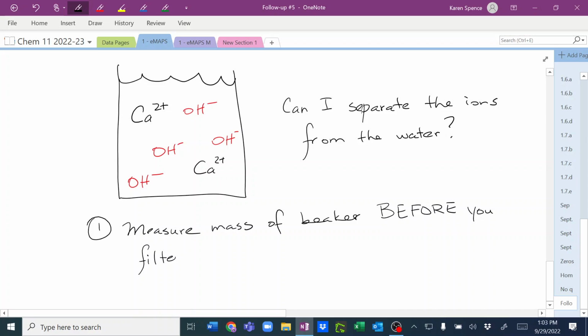Because otherwise, once all the liquid's evaporated, you're going to have the mass of the beaker and the dried up ions, but now you need to subtract the mass of the beaker. And if you don't have that originally, then you have a problem. Just like if you didn't weigh the filter paper ahead of time, you would have a problem.